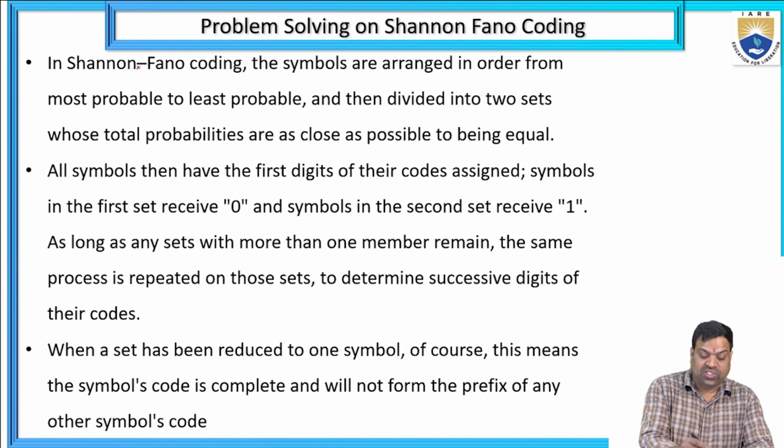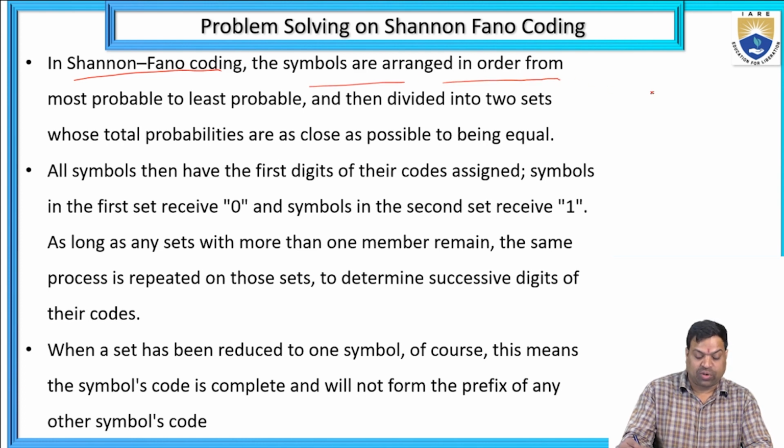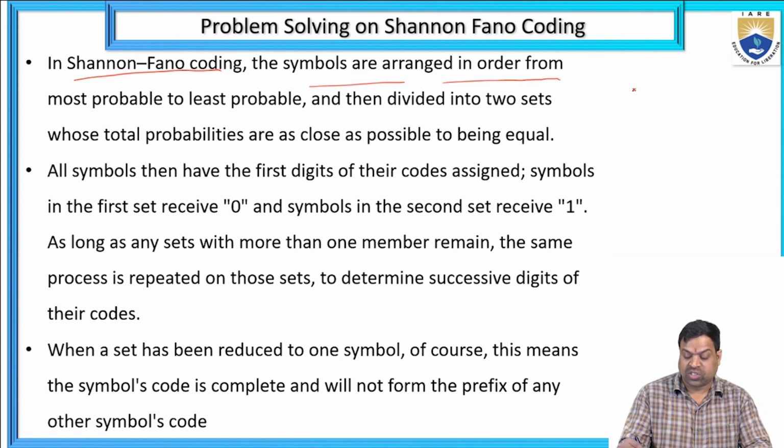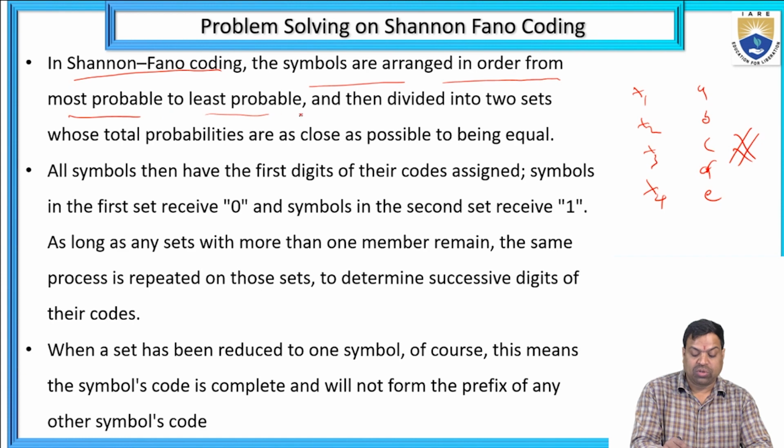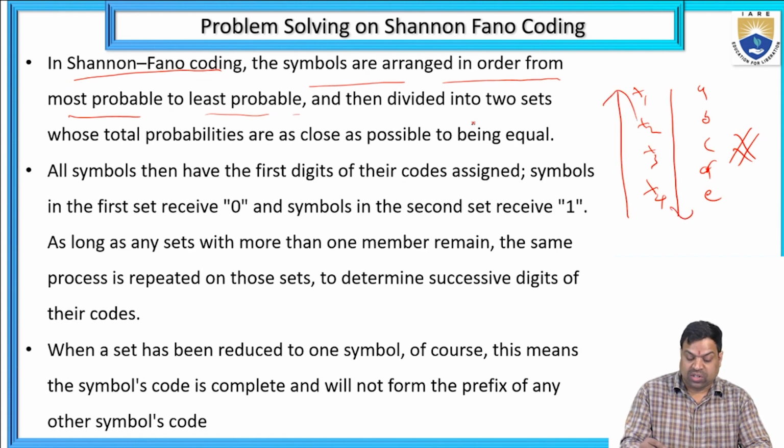So, what is Shannon Fano coding saying? The symbols are arranged in order from most probable to least probable. Suppose I am taking x1, x2, x3, x4 like this, or A, B, C, D, or any of the symbols, in order from most probable to least probable, and then divided into two sets whose total probabilities are as close as possible to being equal.